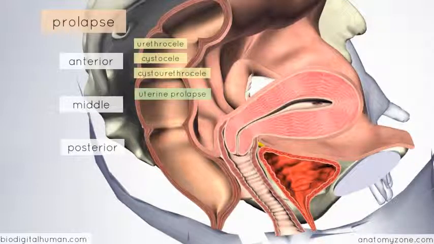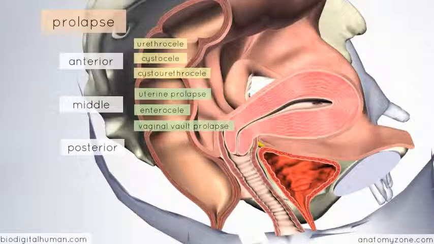Then also in the middle compartment, remember just behind the uterus and posterior to the supravaginal region, you've got the pouch of Douglas, which is this pouch of peritoneum. When this herniates down, this is known as an enterocoele, and it bulges into the posterior wall behind the uterus. Another type of prolapse in the middle compartment is the vaginal vault prolapse.